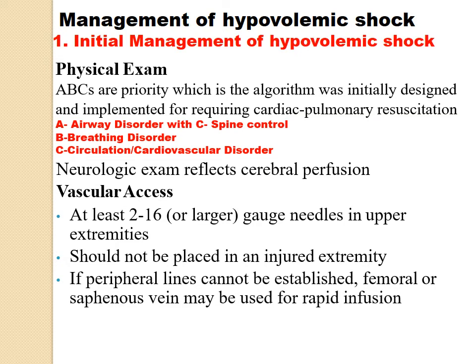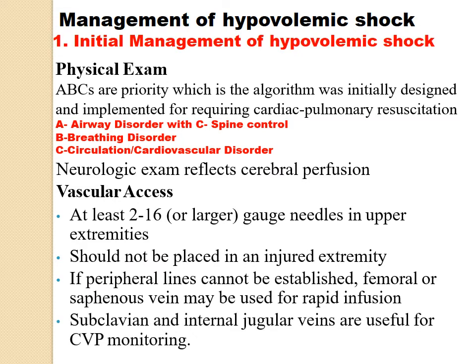Then, if peripheral lines cannot be established, the femoral or saphenous vein may be used for rapid infusion to treat hypovolemic shock in the initial management. Then, subclavian and internal jugular veins are useful for CVP monitoring.